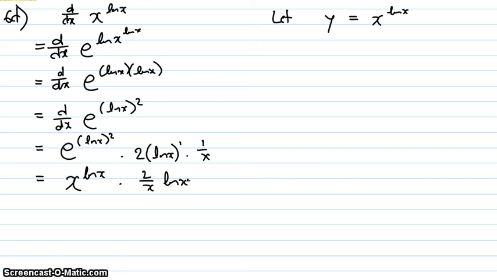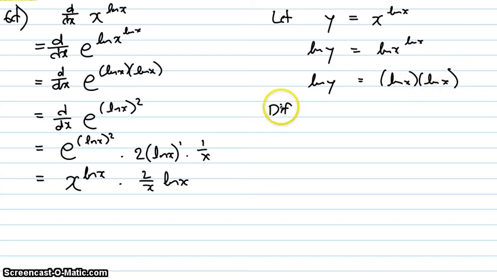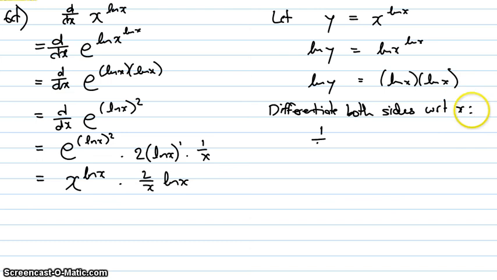How would you do it if you tried this method? Again, we start by taking ln on both sides. Use the laws of logarithms to bring the ln x down. So this is ln x times ln x. Differentiate both sides. And we get 1 over y dy by dx, differentiating the inside with the chain rule.